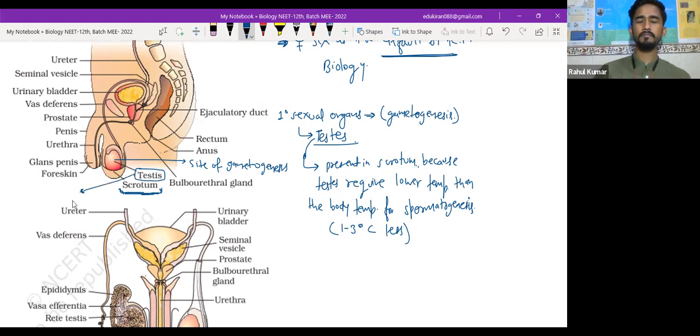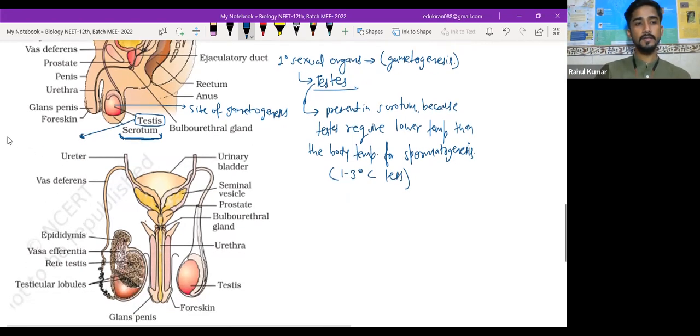That condition is known as cryptorchidism. Define what is cryptorchidism.